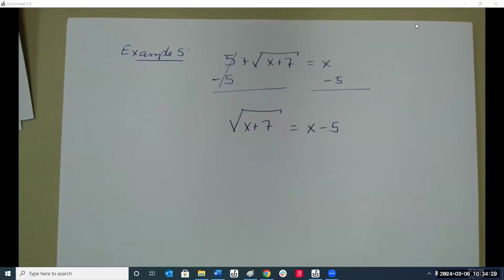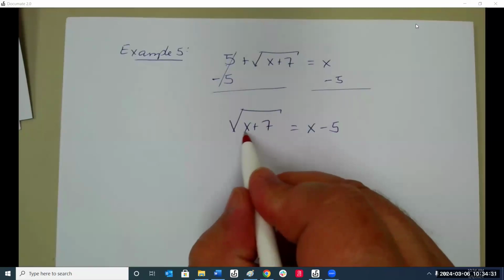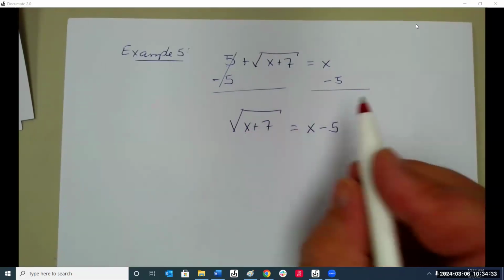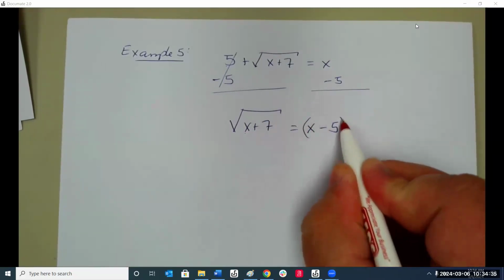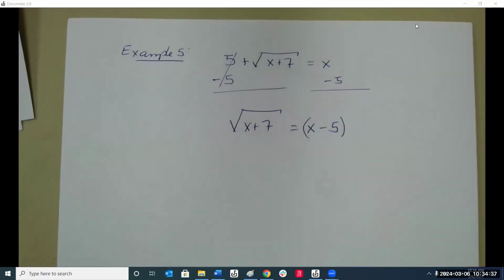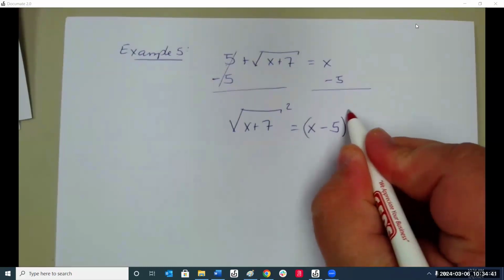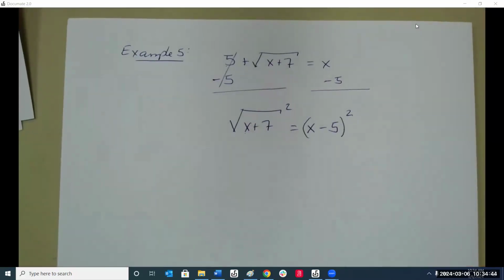Now what? Remember, we're trying to get rid of the radical. Because the right-hand side is an expression, we have to put it in parentheses. Now we have to square both sides.